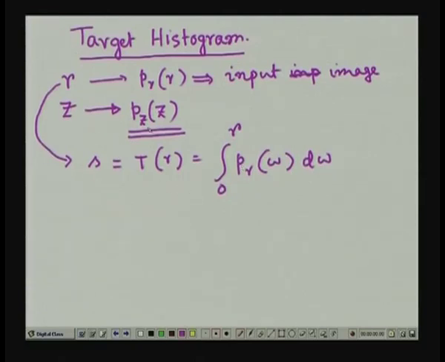Now, using this p_z(z), we compute the transformation function G(z), which will be obtained as the integral of p_z(t) dt in the range 0 to z.